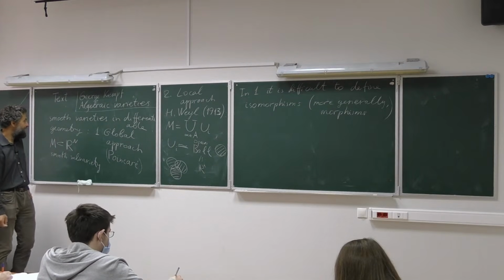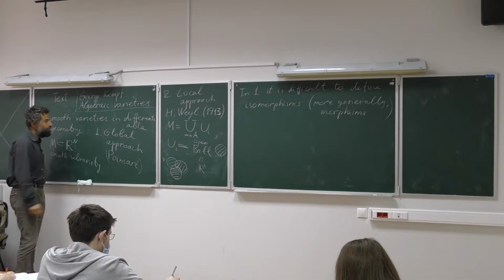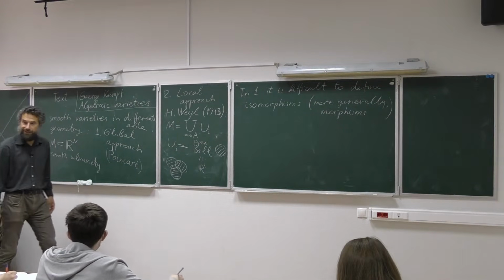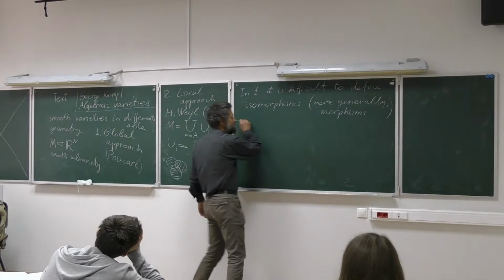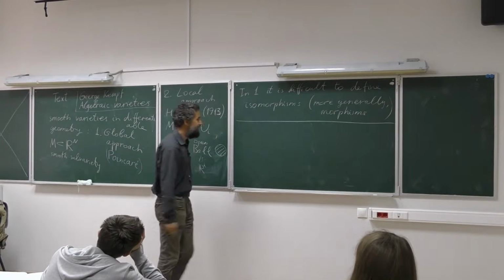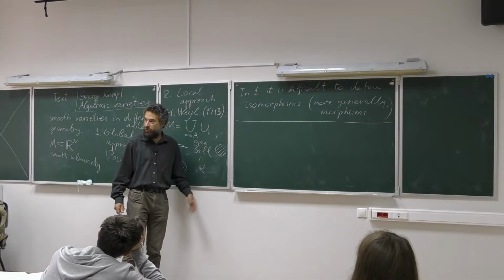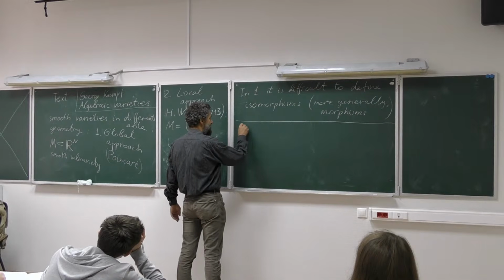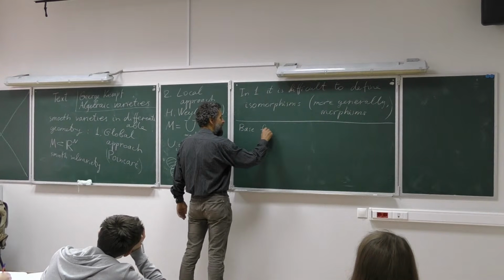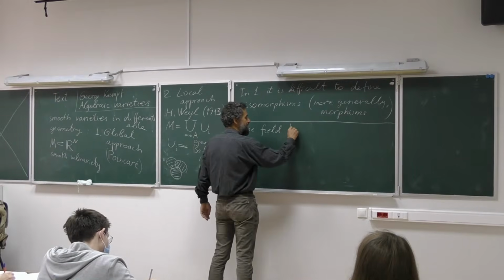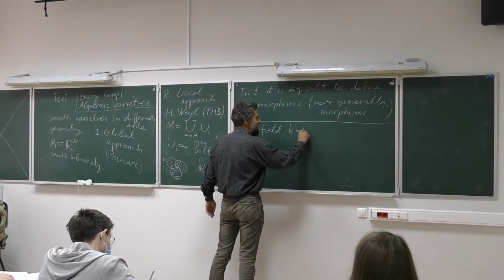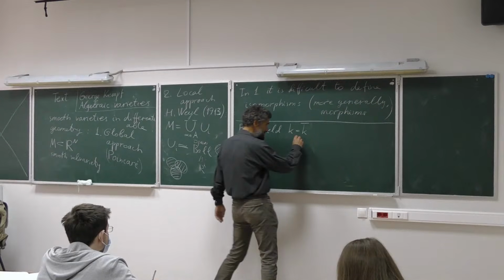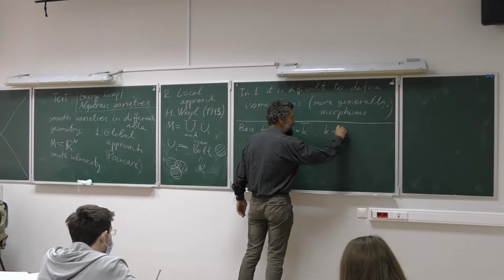Okay, now we will sort of follow this pattern for algebraic varieties. And then probably, again, everybody knows what an algebraic variety is. So we'll have a base field. So it will be at least algebraically closed, and for the most part it will be just complex numbers.